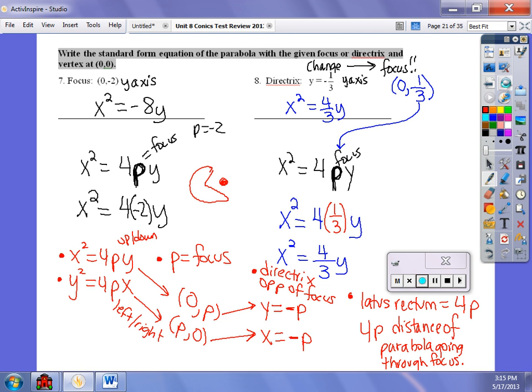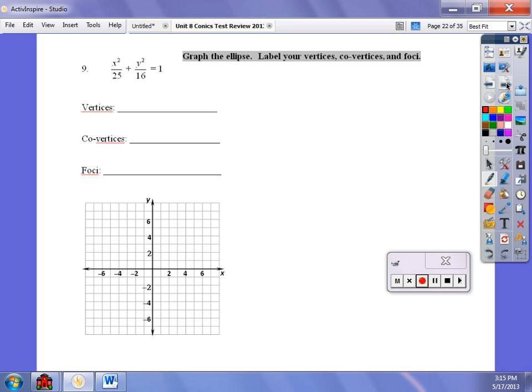Alright, the next thing, and we're almost done, we got 2 more conics, is your ellipse. You know it's an ellipse because you have different denominators here with the plus sign. So the first thing we have to do is remember you have 2 standard forms for ellipse: x squared over a squared plus y squared over b squared equals 1, or x squared over b squared plus y squared over a squared equals 1.